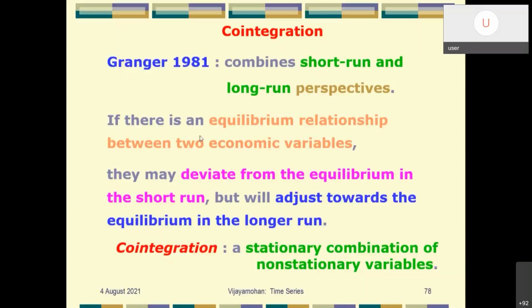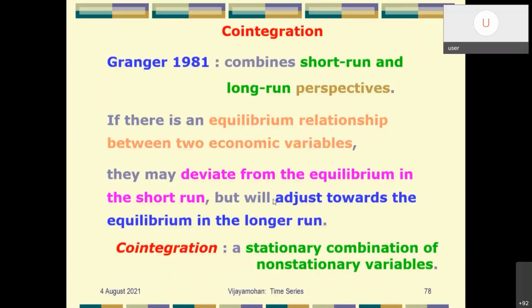The interpretation that they may deviate from the equilibrium in the short run, but will adjust towards the equilibrium in the longer run, is the basis of Granger's representation theorem. Granger's representation theorem in 1981 combines both the short run and the long run, in terms of what is called an error correction mechanism.